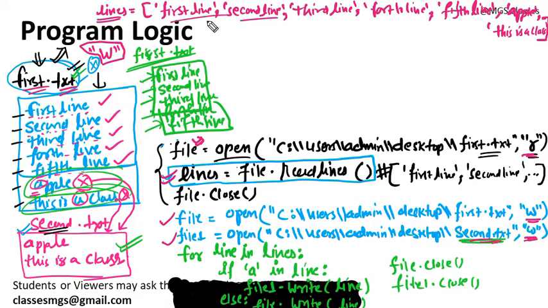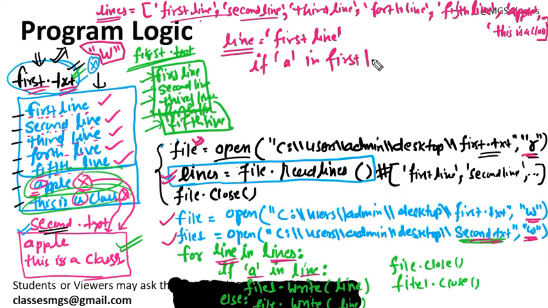For the lines variable, using this for loop, the first line string will come into the line variable. So the line variable will have this string after executing the loop the first time. Now we are checking if a in line, because this is a string variable.